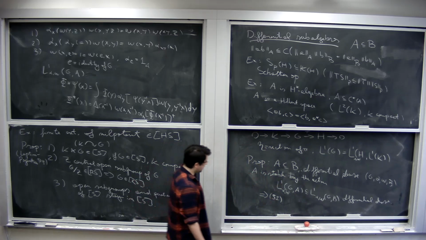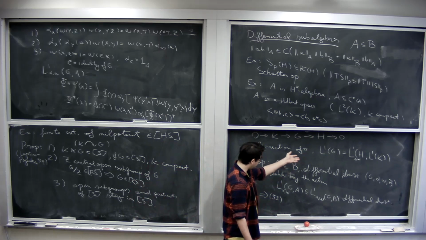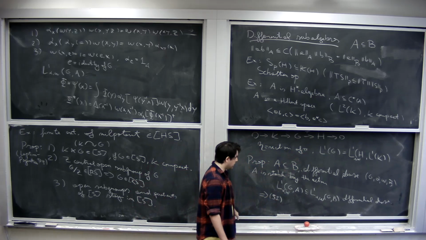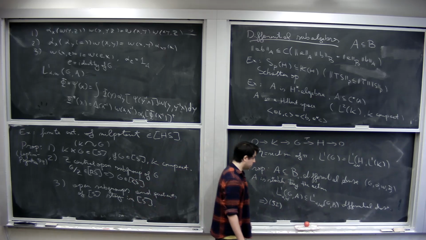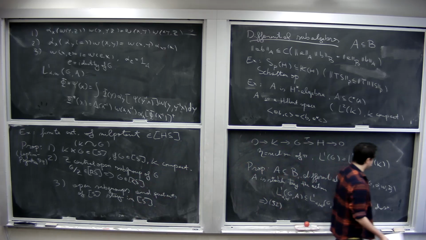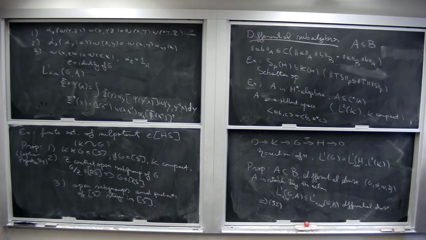Now it looks like I could just apply this here, right? The only problem is that L1 is almost never a differential subalgebra of a C-star algebra, let's say. Actually, I forgot the reference, but there is a theorem saying that for abelian groups that never happens.